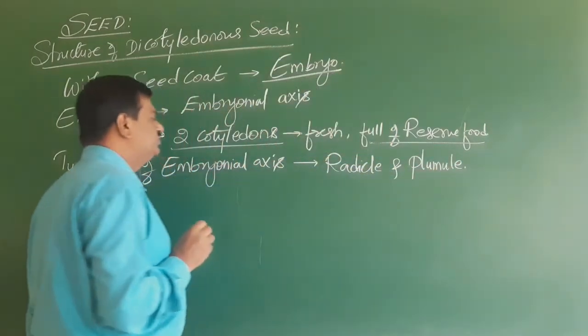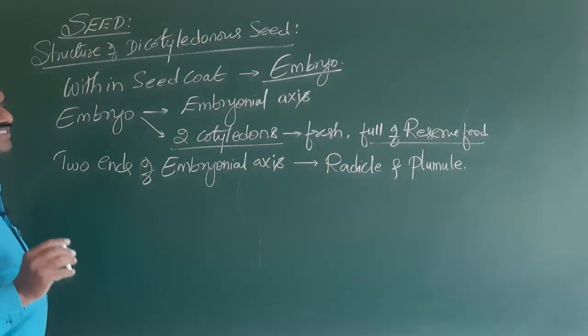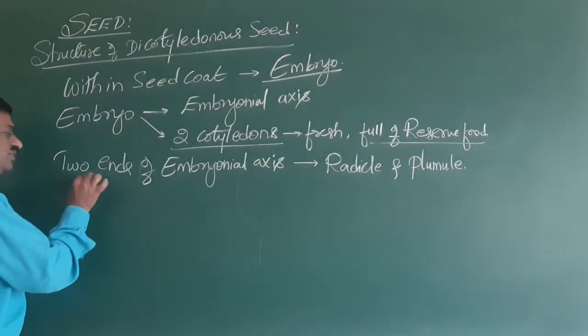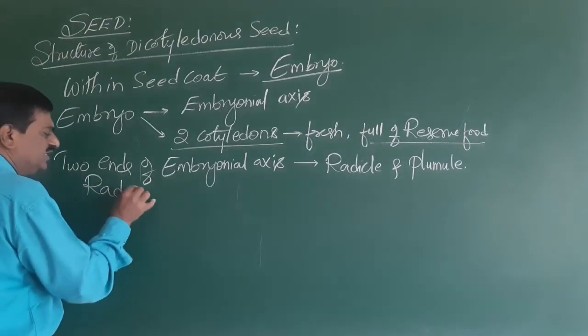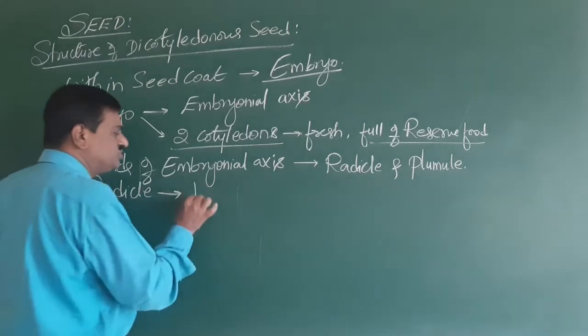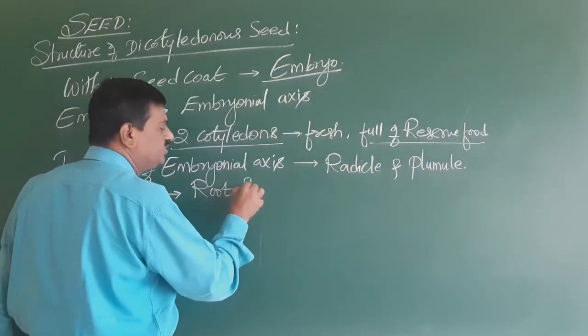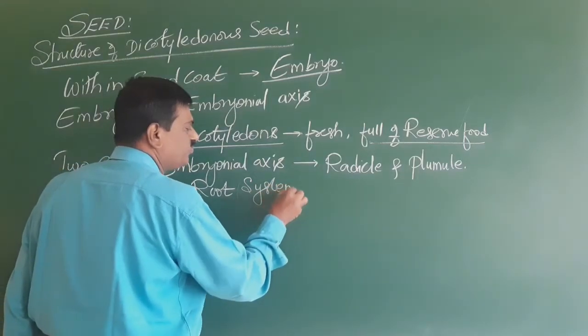So here there is a presence of the embryonal axis, and this embryonal axis has the presence of radicle and plumule. We know that the radicle is always giving rise to the root system. So the radicle further develops and gives rise to the root system.